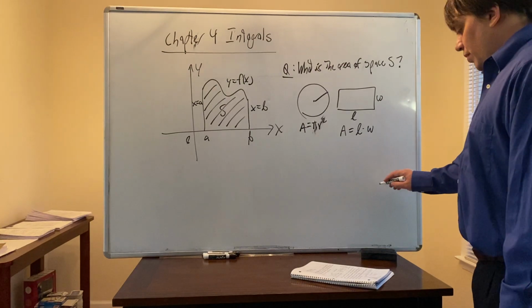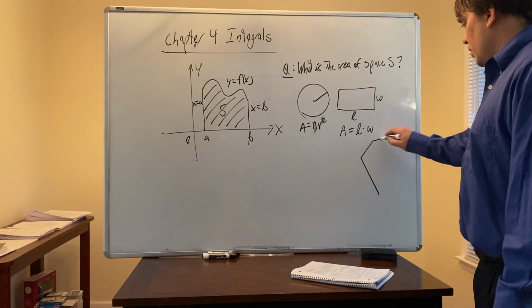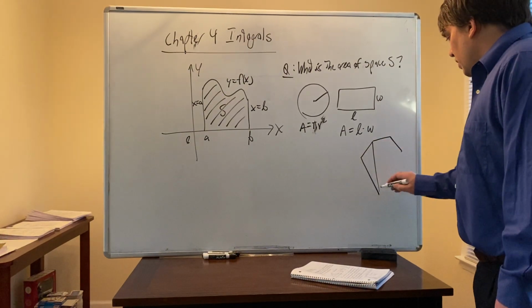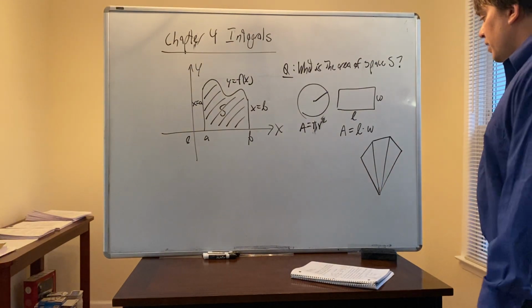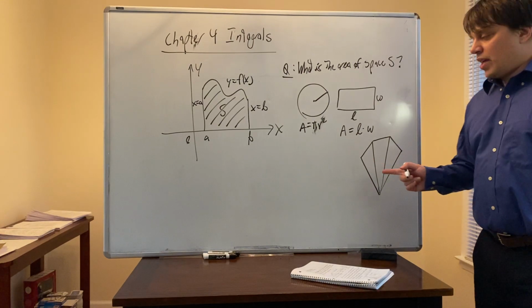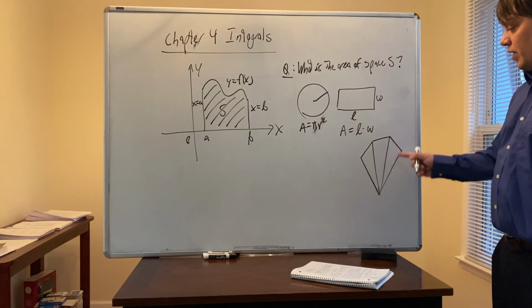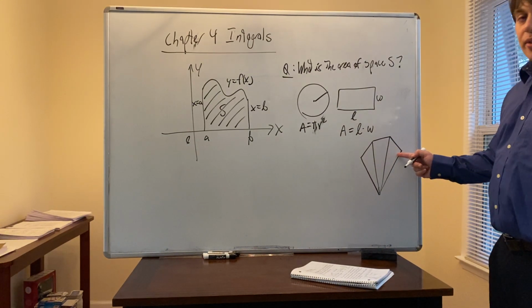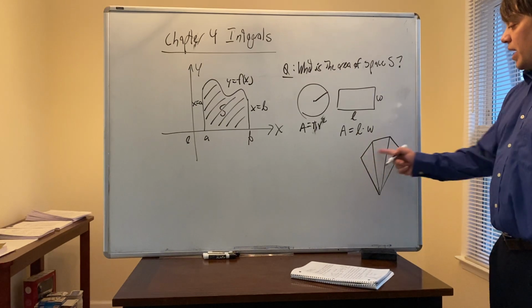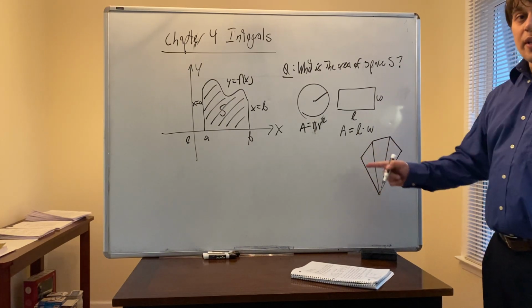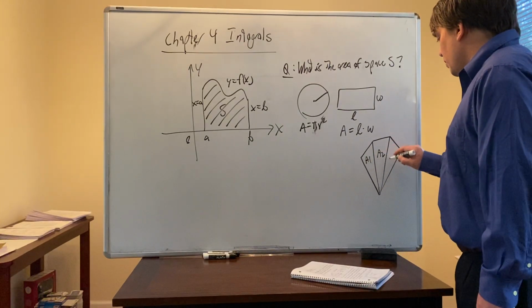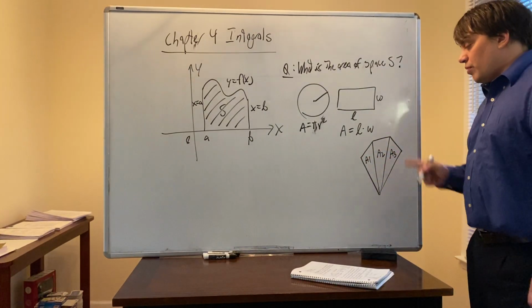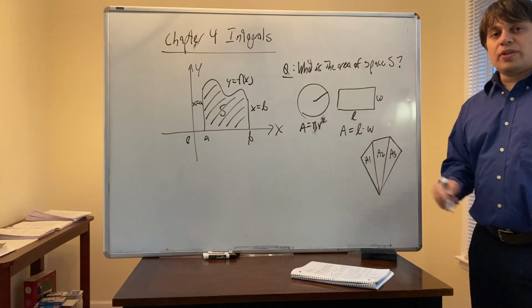And then if I gave you a figure that looked like this, like a diamond, you could think of these three triangles, and if you find the area of each triangle, you add up the areas of these three triangles, and that's the total area, right? So let's say you call these triangles A1, A2, and A3. If you add up the areas of the three triangles, A1, A2, and A3, that's the total area.